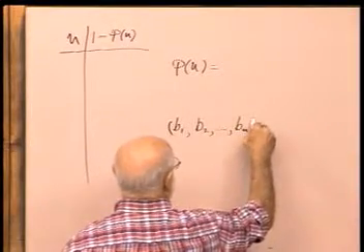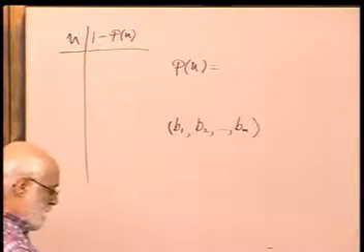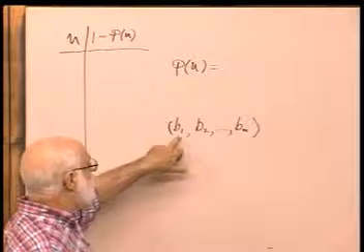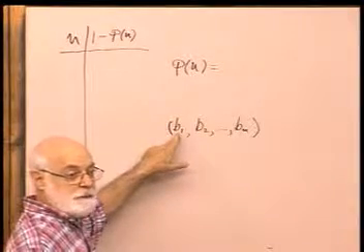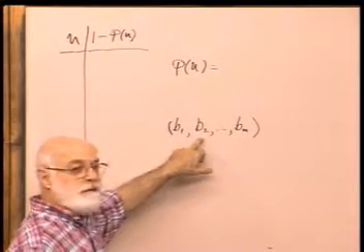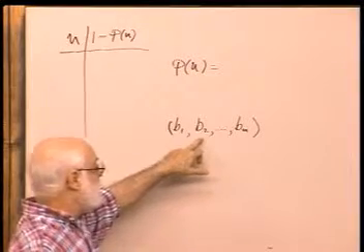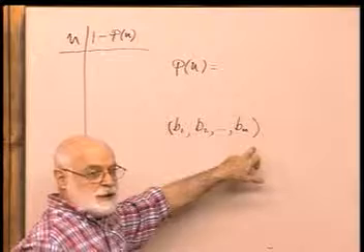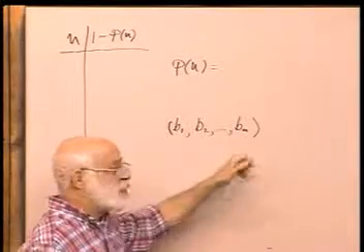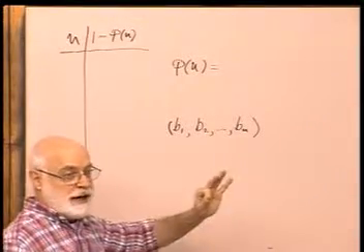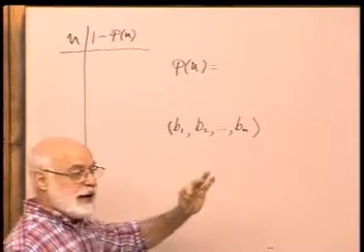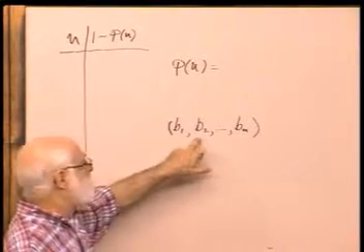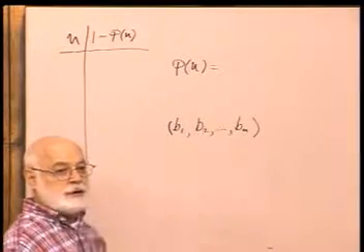So I have n people in a room, and since there are 365 possible values that B1 could take, and 365 possible values that B2 could take, and so forth, the total number of vectors I can write, each representing the birthdays of the n people in the room, would be 365 times 365 times 365, and so forth.